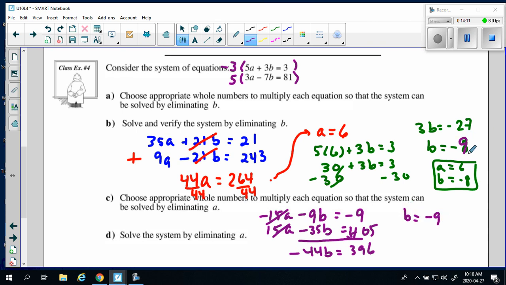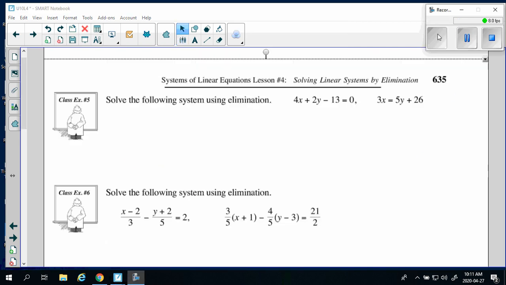There should have been negative 9 right there. Sorry, guys. So B is negative 9, and we could go back and solve for A, and it would be the same. But what I want you to see is that there's two different ways to solve the exact same equation. You could have eliminated B. You could have eliminated A. Sometimes one is easier than the other. In this case, it was a bit of a toss-up, and you're going to get the same answer either way.